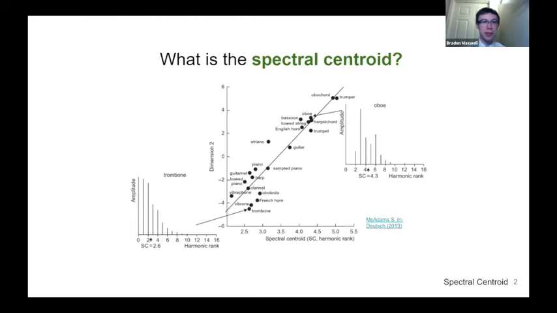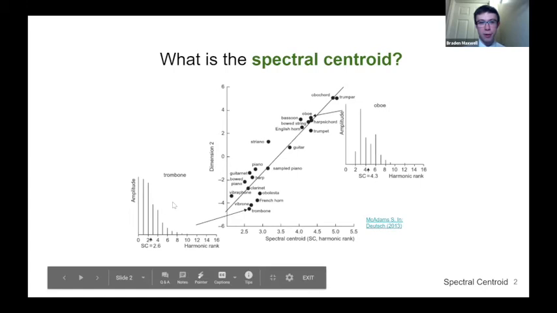First, I just want to really quickly review what the spectral centroid is. We've heard a lot about it at this conference so far. But it's generally a measure of where the bulk of the energy is in the spectrum. It's calculated as a weighted average frequency where the magnitudes of the frequency components are the weights. Here you can see in this example from Stephen McAdams two spectra, an oboe and a trombone.